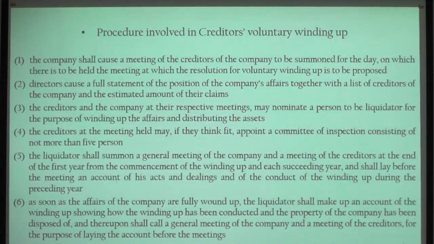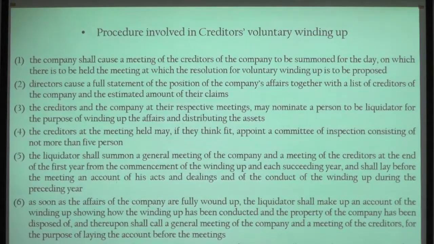The creditors at the meeting held may, if they think fit, appoint a committee of inspection consisting of not more than 5 persons in addition to the liquidator so appointed.